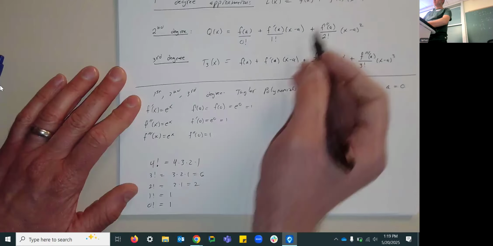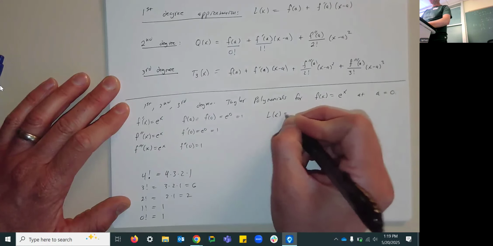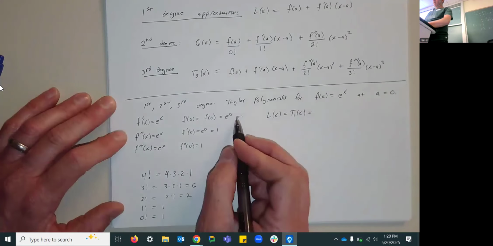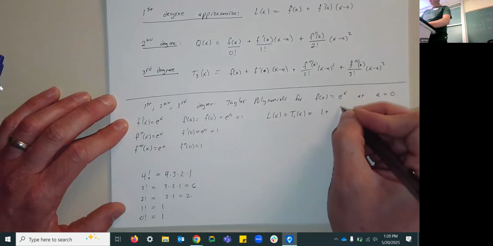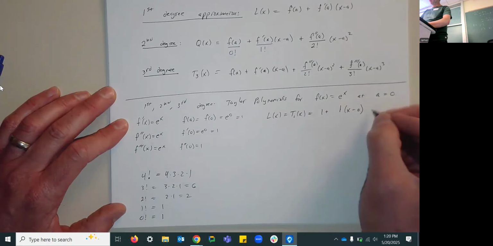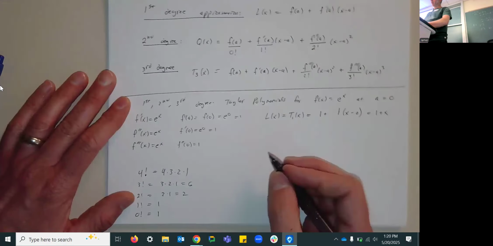So every derivative is going to equal 1. Then using these formulas, my linearization, also known as my first degree Taylor polynomial, is just going to be my f of a plus my f prime of a times (x minus a). Okay, not super exciting yet. It's 1 plus x. Well, let's look at the second degree one.